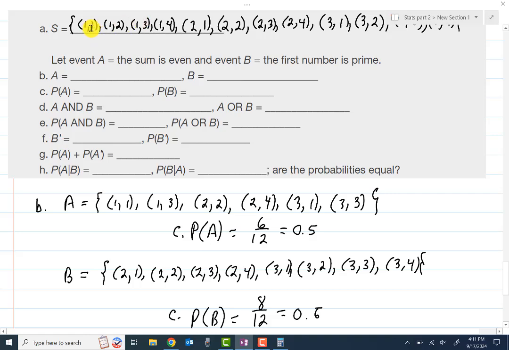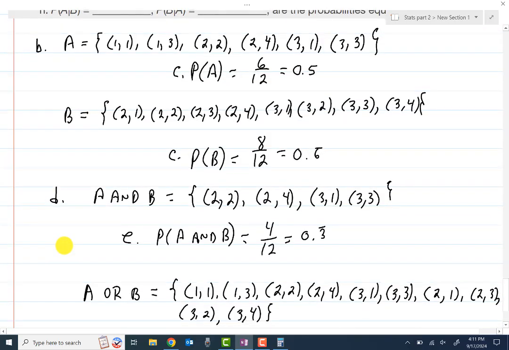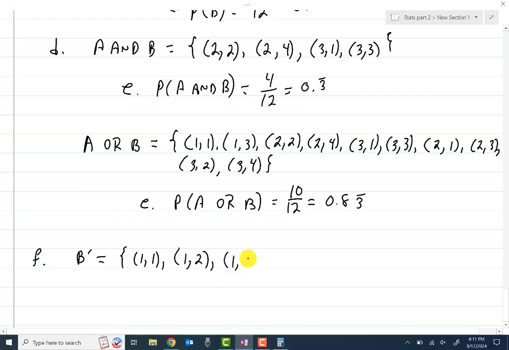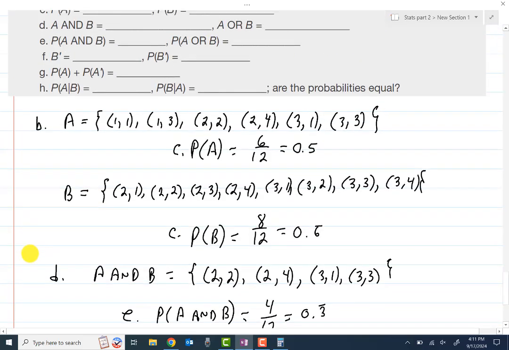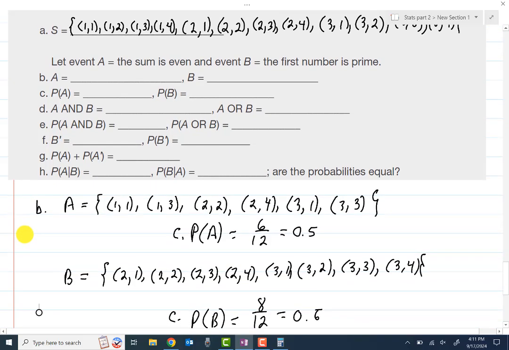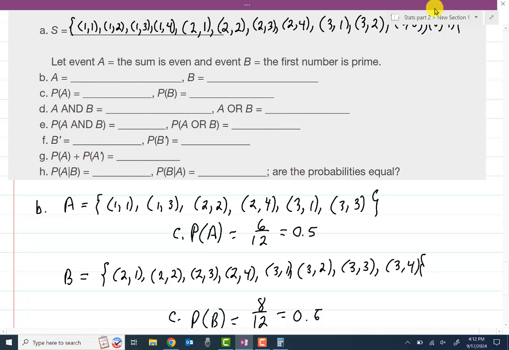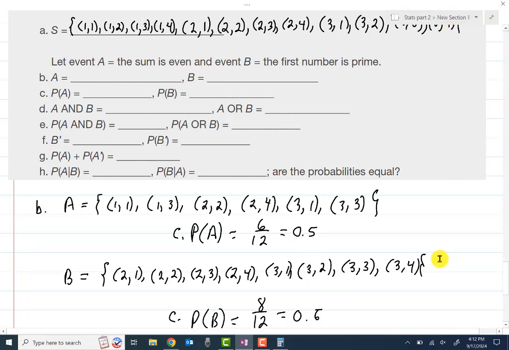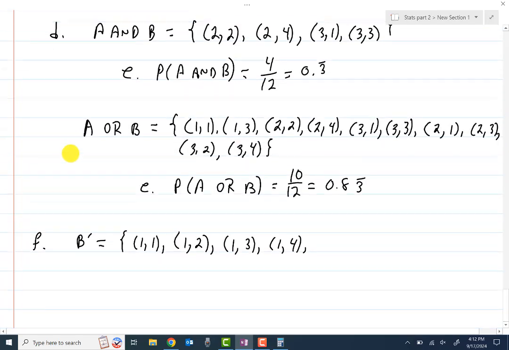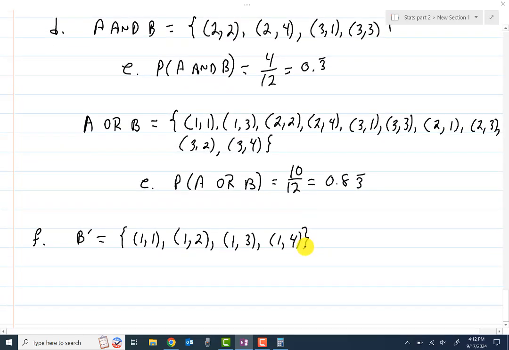Actually, anything that starts with a 1 is not going to be in B, so let's go ahead and put all those that start with a 1. Let's see, 2, 1 is in B, 2, 2 is in B, 2, 3 is in B, 2, 4 is in B, and 3, 1 through 3, 4 are all in B. So this is it for B prime. So the probability of B prime is therefore 4 out of 12, or 0.3 with a bar over it.